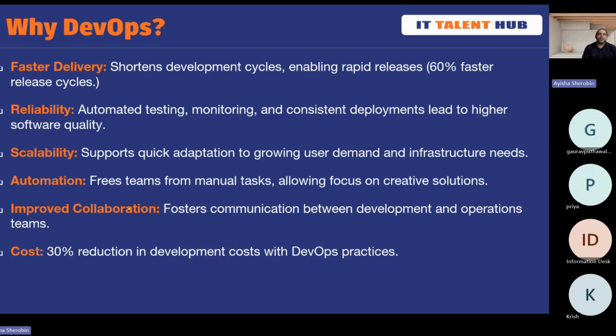So: faster delivery, reliability, scalability, automation, improved collaboration and cost. We can even save cost when we reduce the time. When we reduce the time, obviously we can save the cost, right?